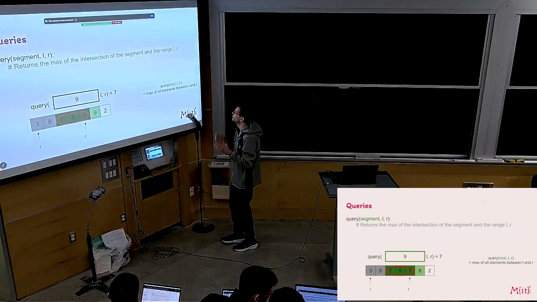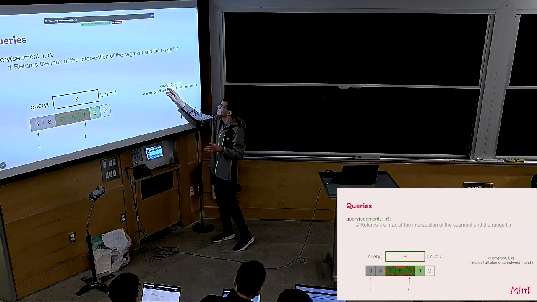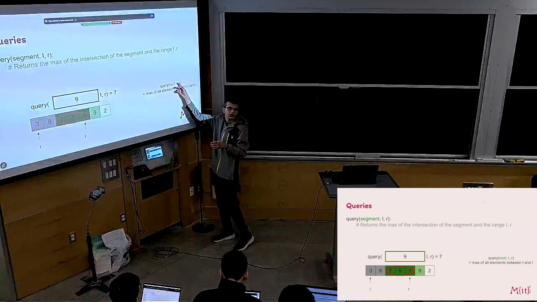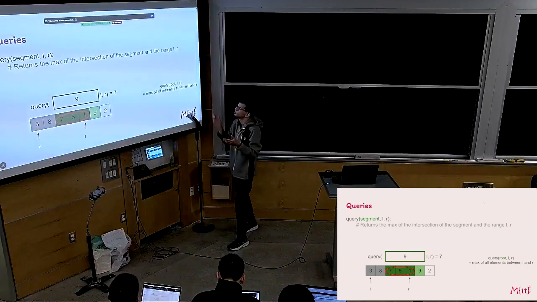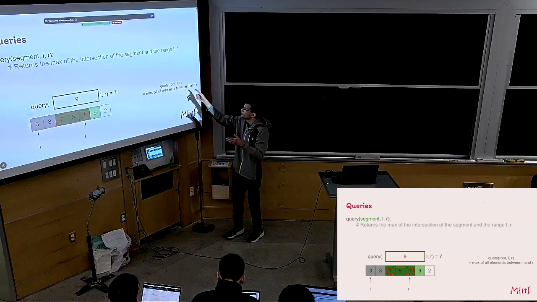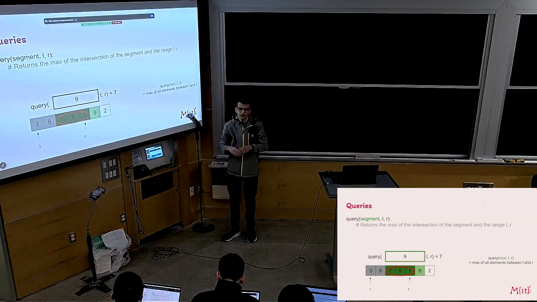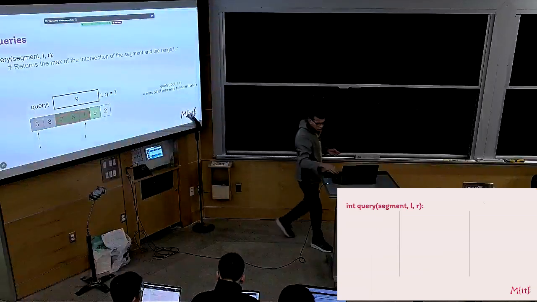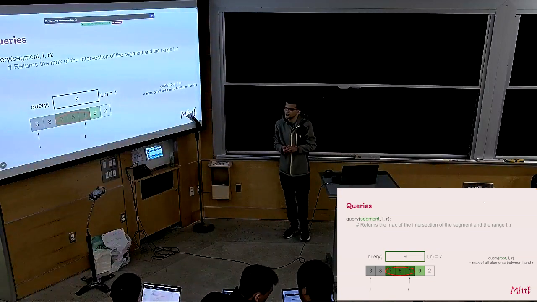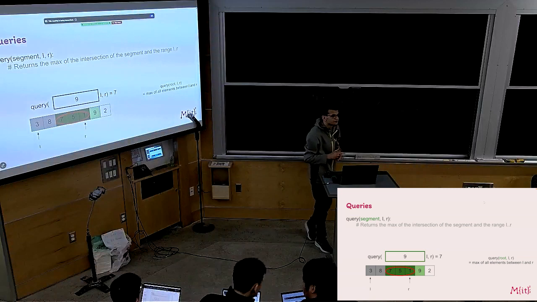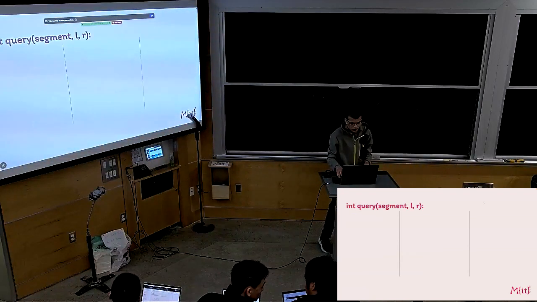One reason is that if I just call the query function on the root with a range L to R, it will simply return the max of all elements between L and R, because the root contains all of the elements of the array. And also, defining the query function this way makes it actually possible to do the recursion.